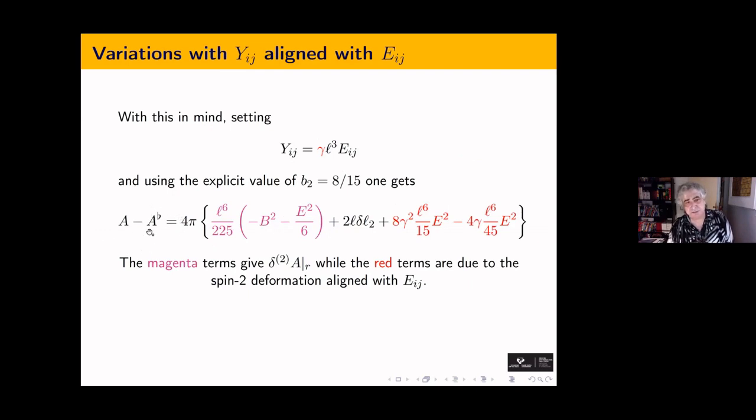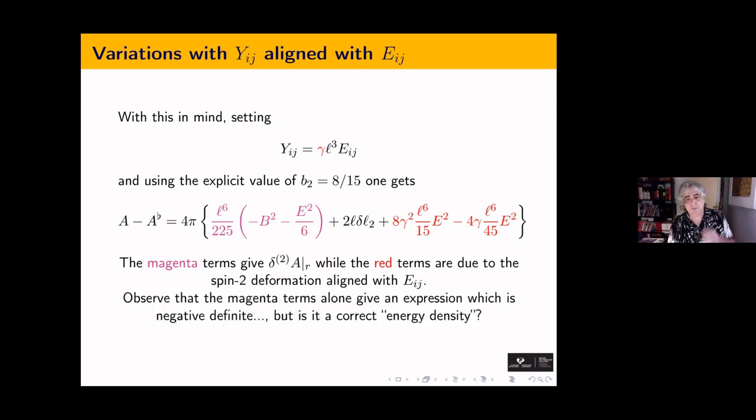I remind you that this is the flat area. Now, the magenta terms would be the variation at second order if we keep the radius fixed completely. Now, the red terms are the part which are due to the spin 2 deformation and its coupling with the gravitational field. Now, if we remove everything which is not in magenta, we get something which is negative definite.